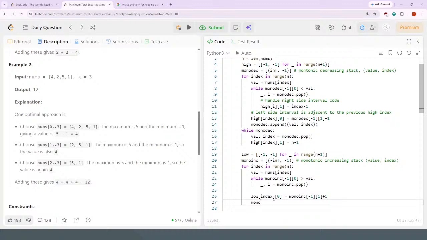And then monotonic increasing appends the current value and index. And then this is low of the index, the n value for it is equal to index -1.